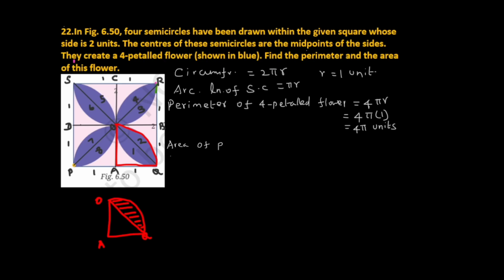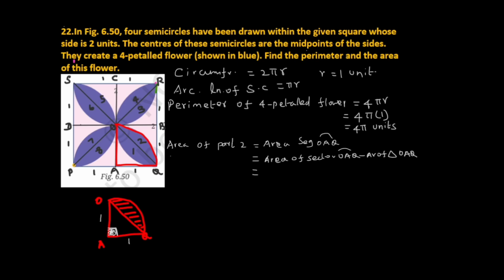So to calculate the area of part 2, area of part 2 is equal to the area of segment OAQ. The area of segment OAQ is nothing but the area of sector OAQ minus the area of triangle OAQ. So we know that this is 1 unit, this is 1 unit. So the radius of the sector is 1 unit, and the triangle here is 90 degrees. The triangle is a right angled triangle.